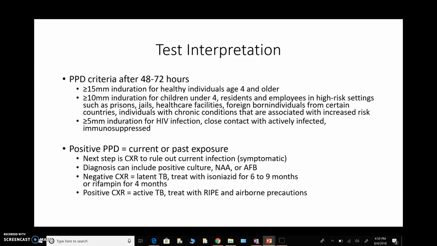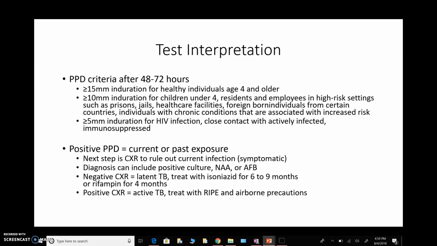There are different routes if you get a positive PPD, so remember that if you had a past exposure, you'll still have a positive PPD. So the next step, and this might be a question you're tested on, is you're going to get a chest x-ray to help rule out current infection. If the suspicion is high with symptoms, even a negative chest x-ray might warrant active infection treatment.